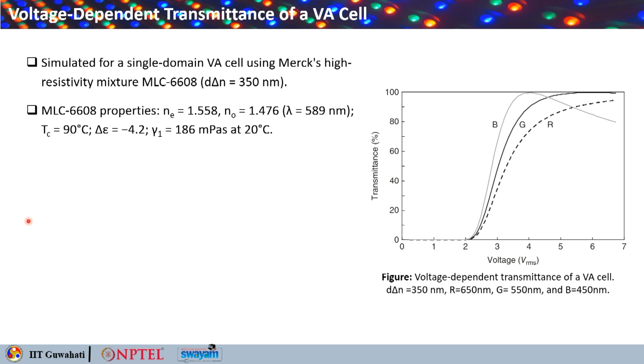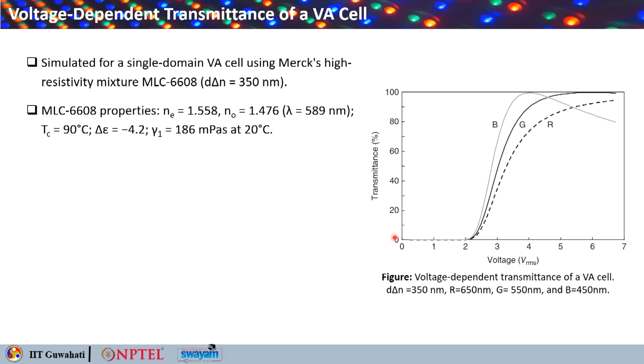So physically you can see that at 0 volt, the liquid crystal directors are basically vertical, so the light is blocked between the cross polarizers, which gives you zero transmittance, or an excellent dark state, at the low voltages.